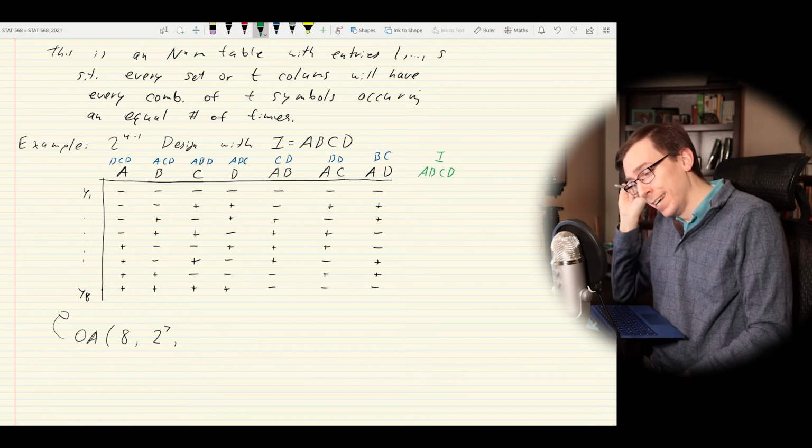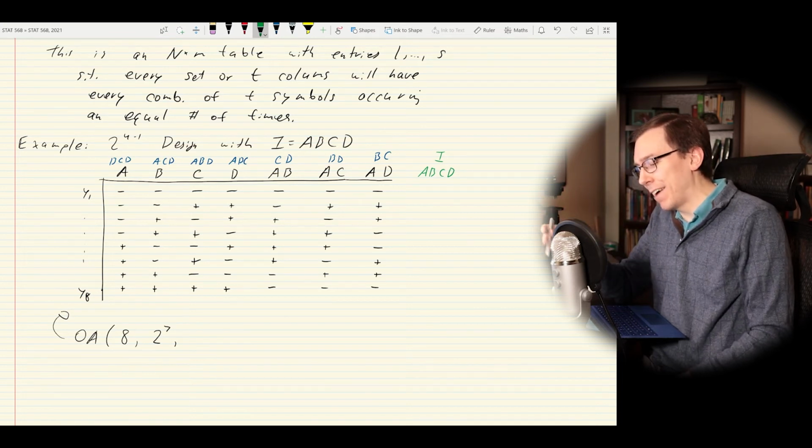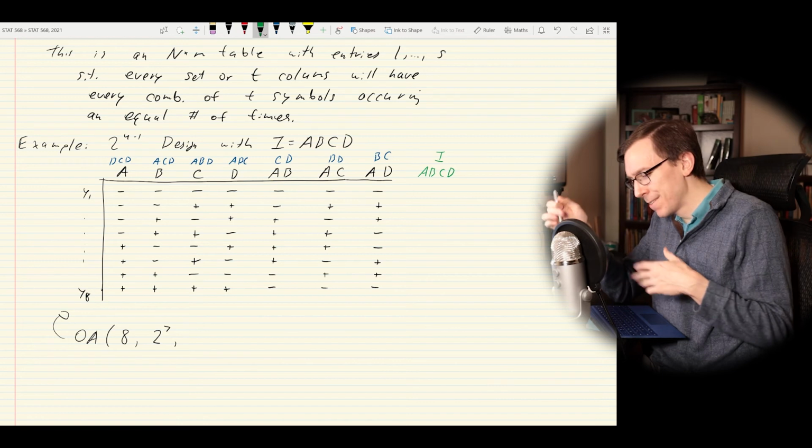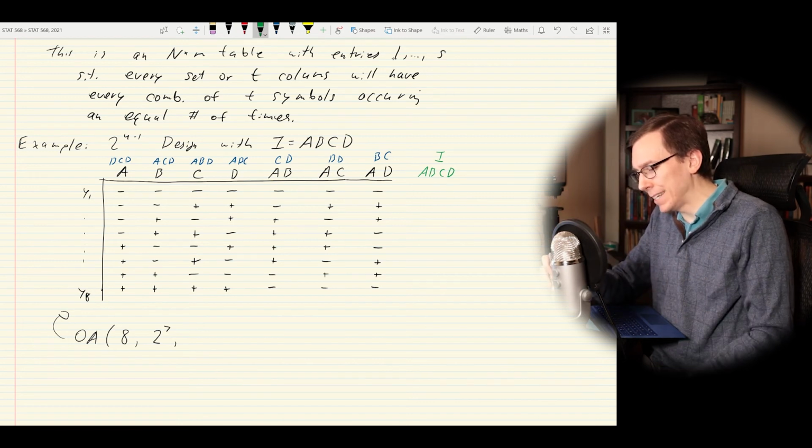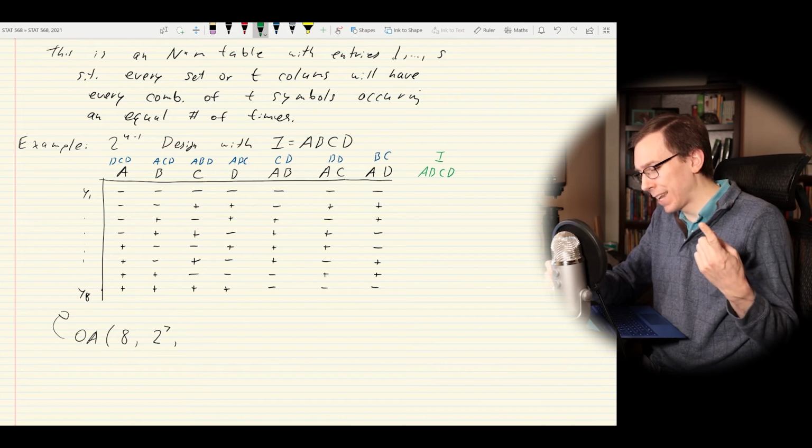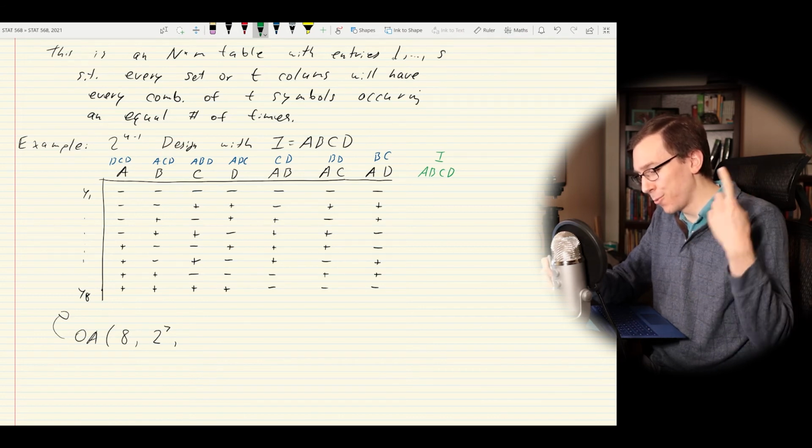Is it 3? In that case, I would have to see every combination of the symbols in 3 columns. For example, if I take A, B, and C, I have the all minuses row, it occurs once. I have minus, minus, plus, it occurs once.